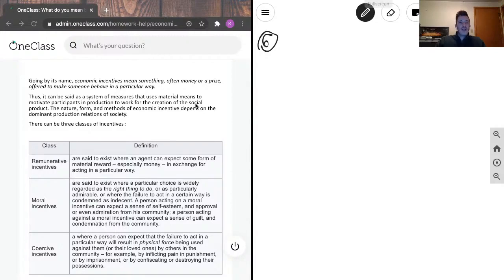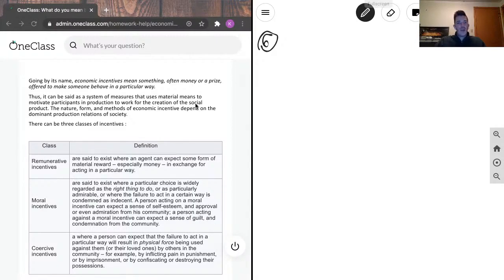There can be 3 classes of incentives. Class 1, remunerative incentives, I'm not even going to try that again, are said to exist where an agent can expect some form of material reward, especially money, in exchange for acting in a particular way. Moral incentives are said to exist where a particular choice is widely regarded as the right thing to do, or as particularly admirable, or where a failure to act in a certain way is condemned as indecent.